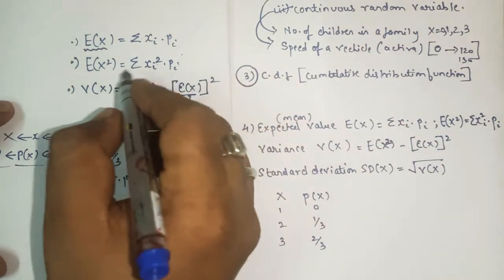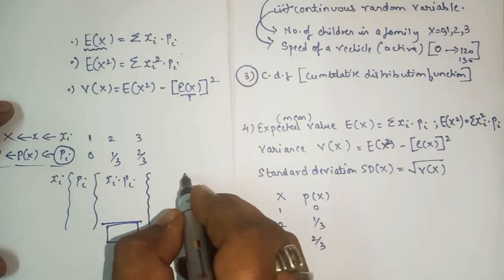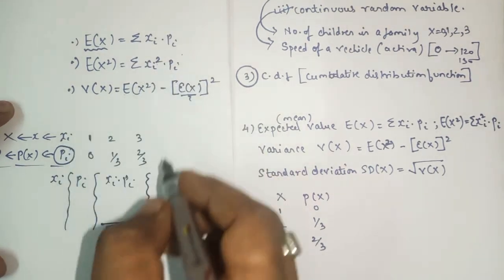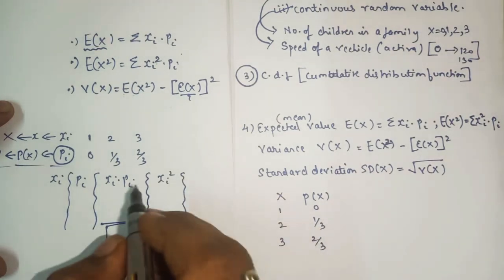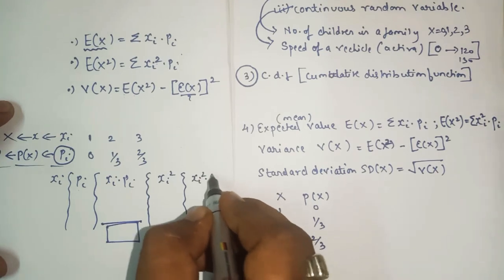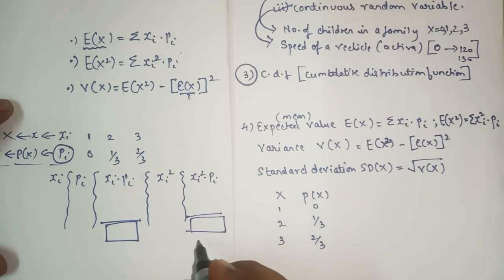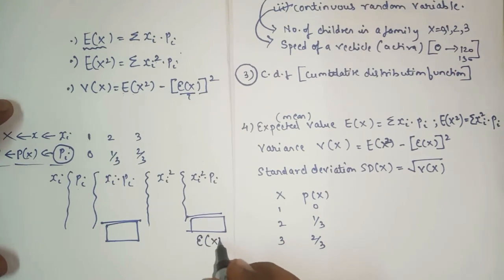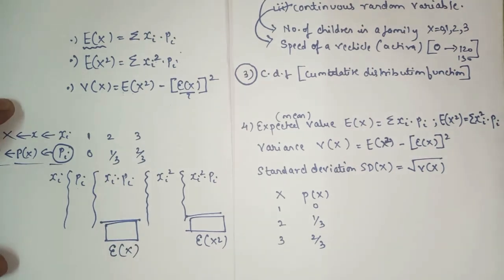So with respect to the formula, here we have to add two columns. In the first you will find xi square. After that you will multiply xi square and pi, where you will get the total. This total is known as E of x square, and this total is known as E of x. Got the point?